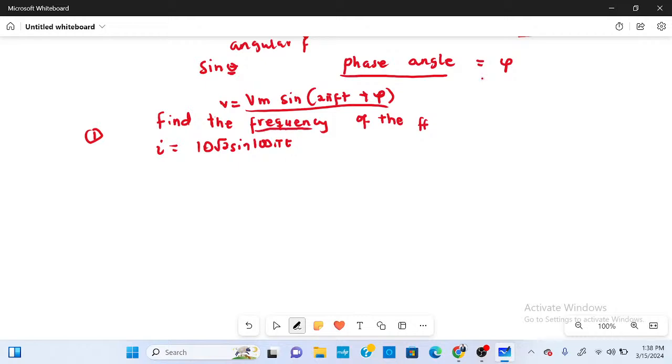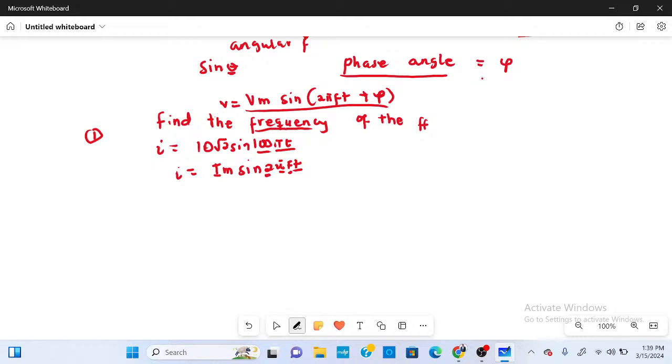To find the frequency, you know that I is equal to Im sine 2 pi ft. We can clearly see that pi t is here and pi t is here, so they are common. Meaning that this 100 is equal to 2f multiplying these two.